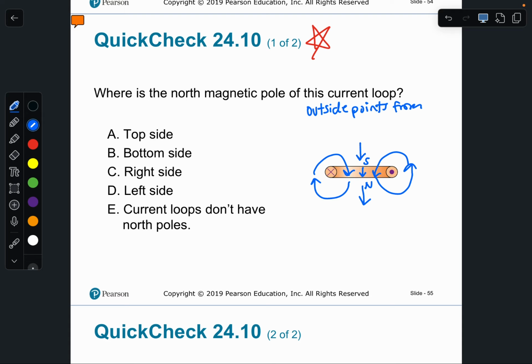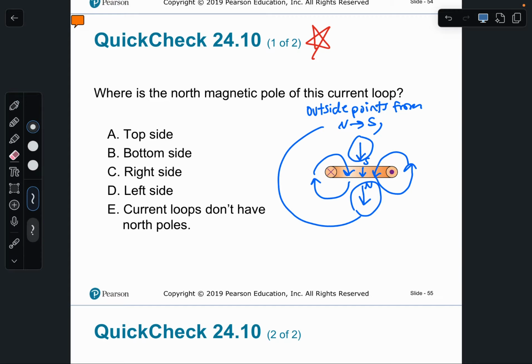And I'm talking about outside of the loop area and inside the loop area. Outside points from north to south. That's this and this. Okay, let me use a different color. That's outside.